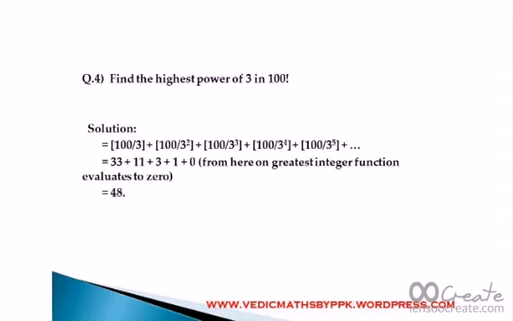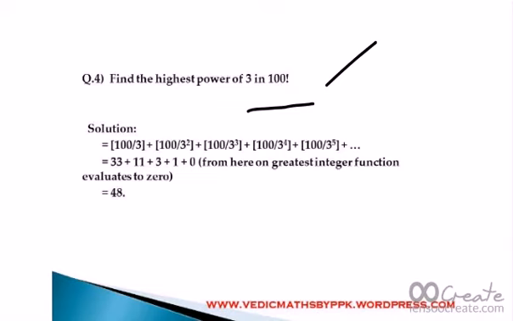Fourth question. Find the highest power of 3 in 100 factorial. The method remains the same. Keep dividing 100 by the powers of 3 successively: 100 divided by 3, 100 divided by 9, and so on.